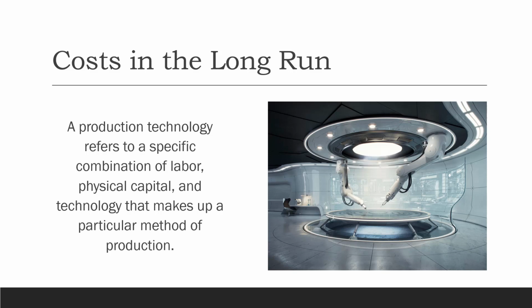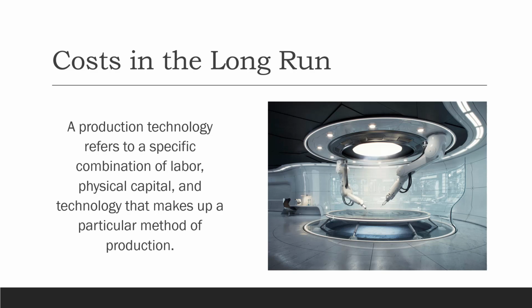This is specifically noted in the production technology, which refers to a specific combination of labor, physical capital, and technology that makes up a particular method of production. Economies of scale are also important in this concept because they refer to a situation where, as the level of output increases, the average cost decreases.